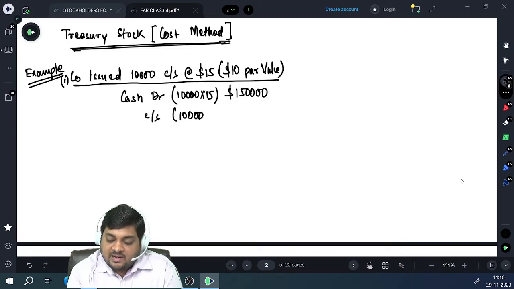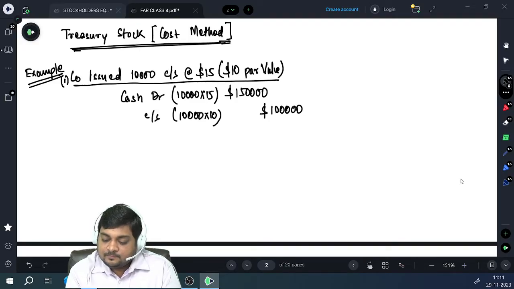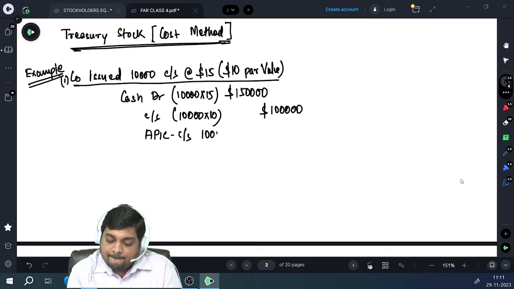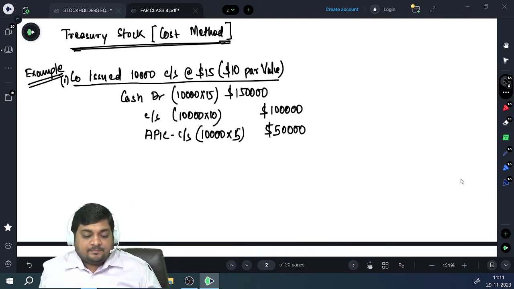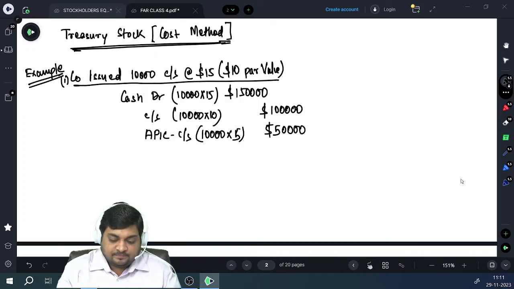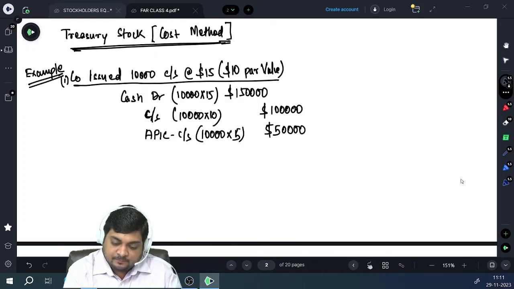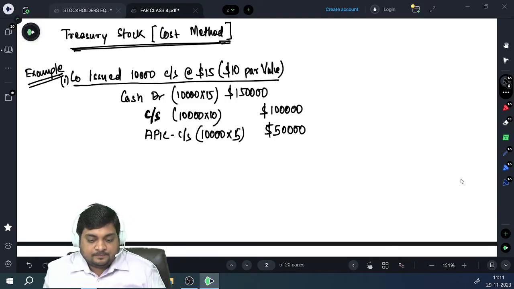Par value will be credited to common stock, and additional paid in capital will be credited with 5.